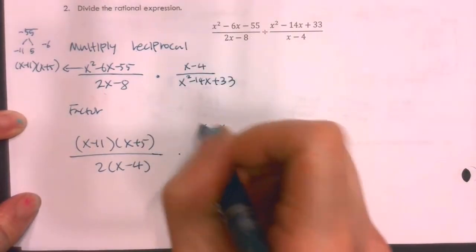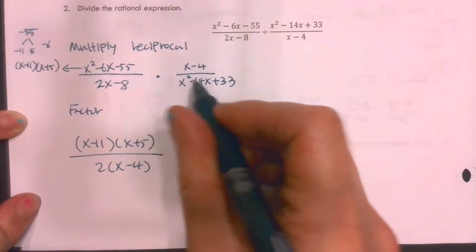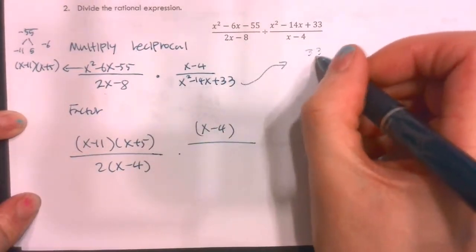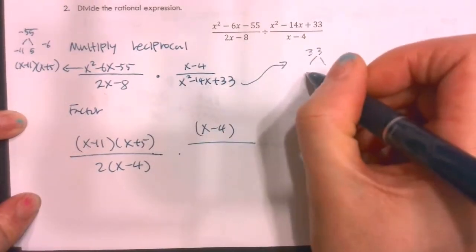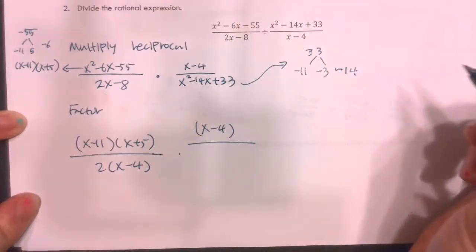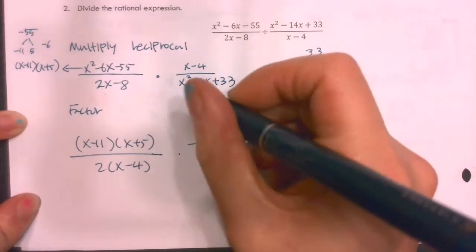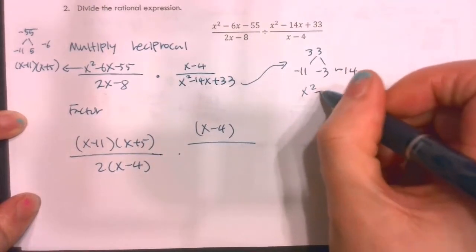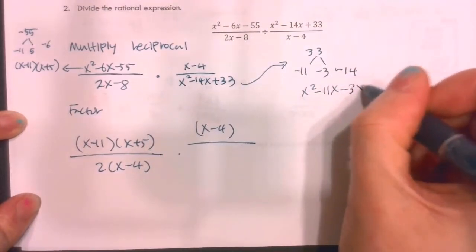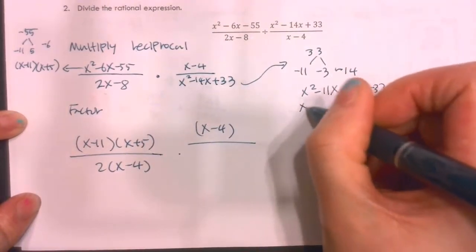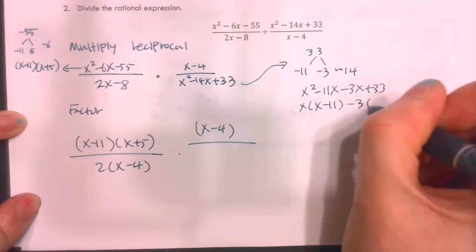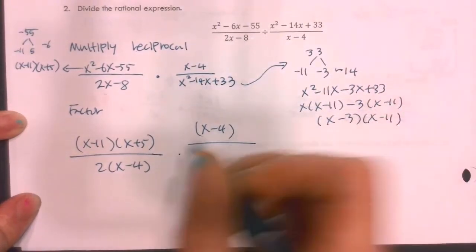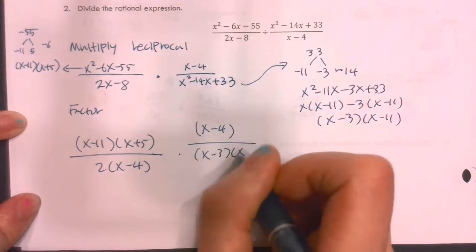I can't. X minus 4 is x minus 4. What about x squared minus 14x plus 33? Probably ACB. Negative 11 and negative 3. Yep. So I can take a shortcut since the a value is 1. If you don't believe me, that's fine. You can split the middle term and factor 2 at a time. X minus 3, x minus 11.